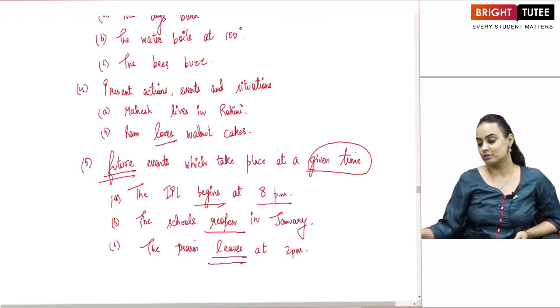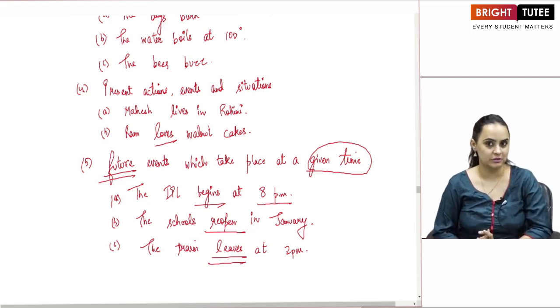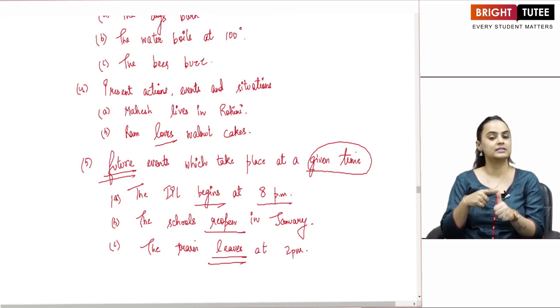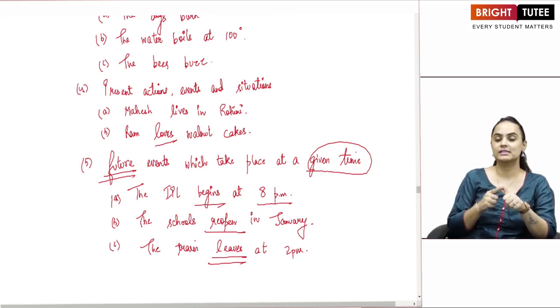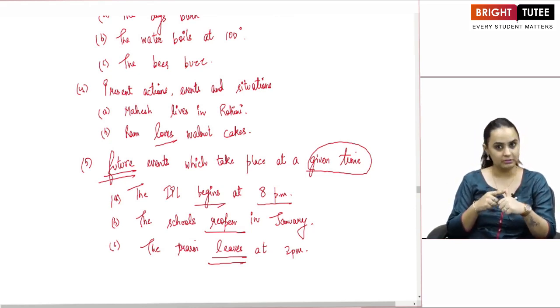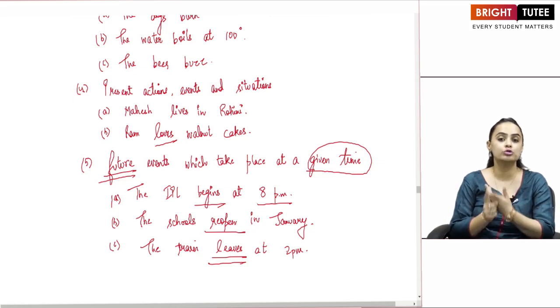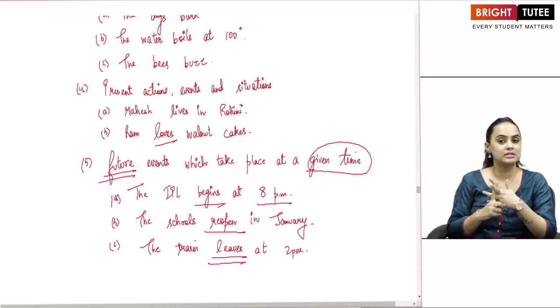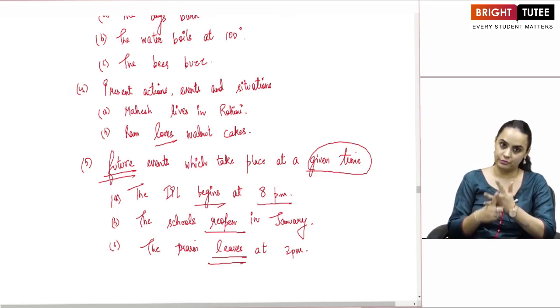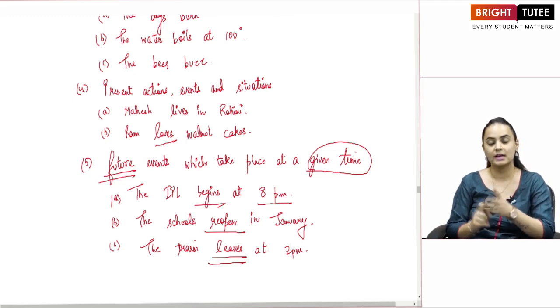So, we've talked about the 5 different uses of the simple present tense. First, whenever you're talking about something which is a habit, a routine, we use the simple present tense for that. If you're talking about some universal truth, something that cannot be denied, use a simple present tense. For statements which are always true, use a simple present tense for that.